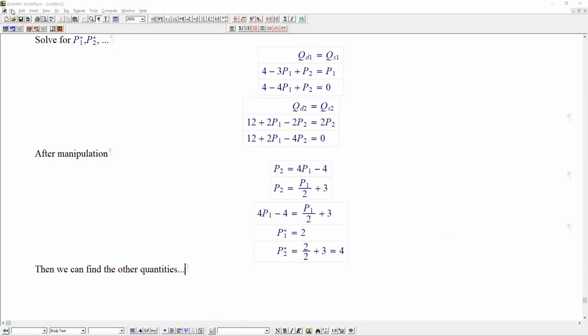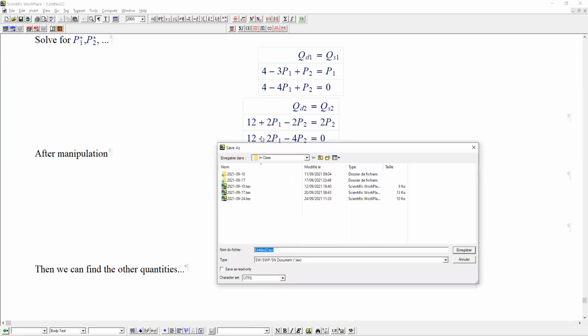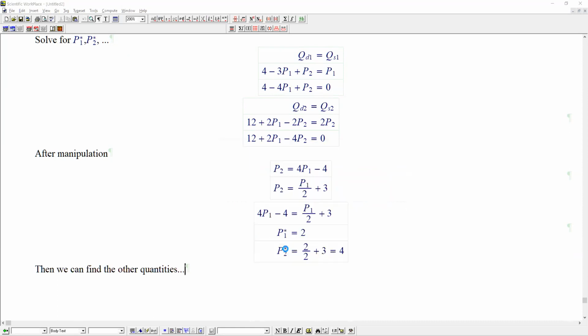So it's 10, 0. All right, so that's what we get.